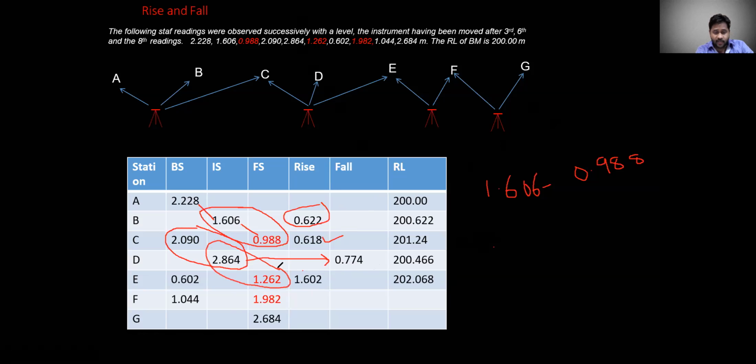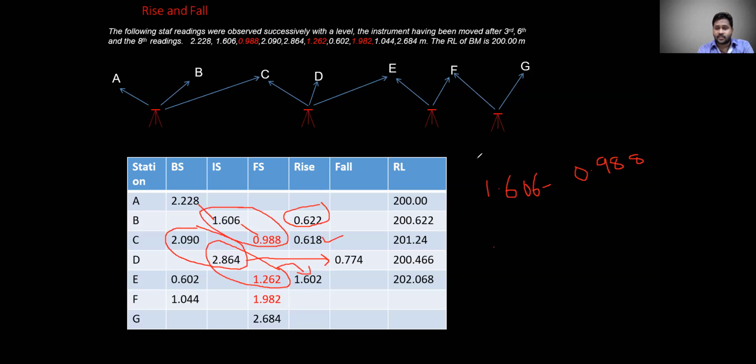If you want to get this value, 2.864 minus 1.262 gives you 1.062, that is a positive value. That positive value indicates rise. That's why I have written this value in the rise.